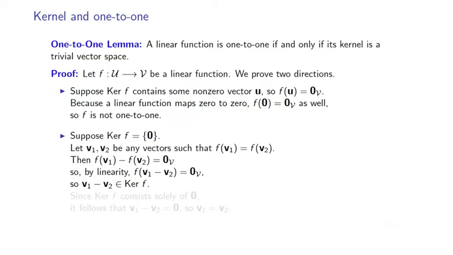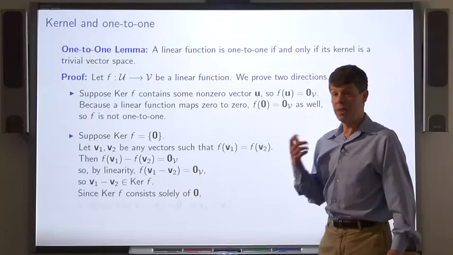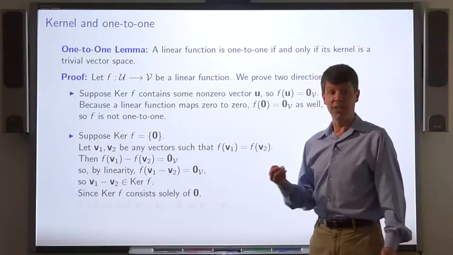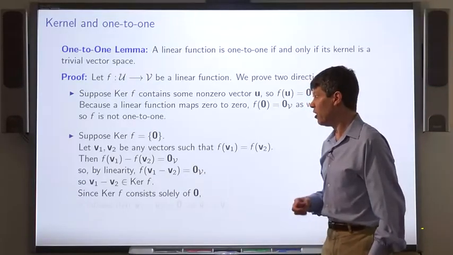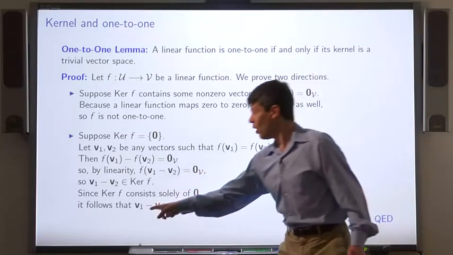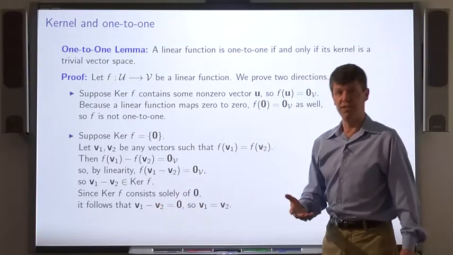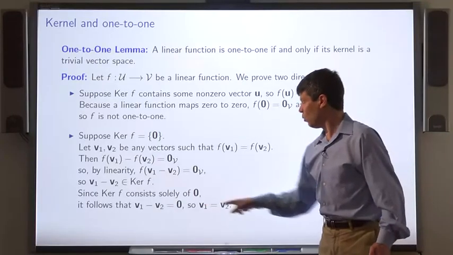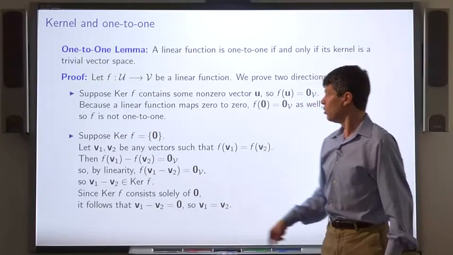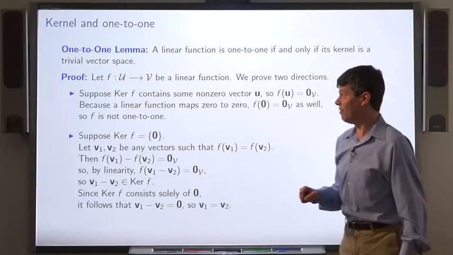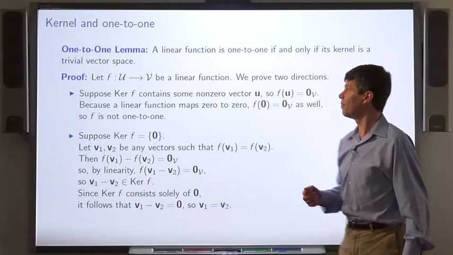And that shows that v1 minus v2 is in the kernel of f. But we said that the kernel of f is trivial. It consists only of the zero vector, so it must be that v1 minus v2 is the zero vector, which shows that v1 equals v2. So that shows that this function is in fact one-to-one.